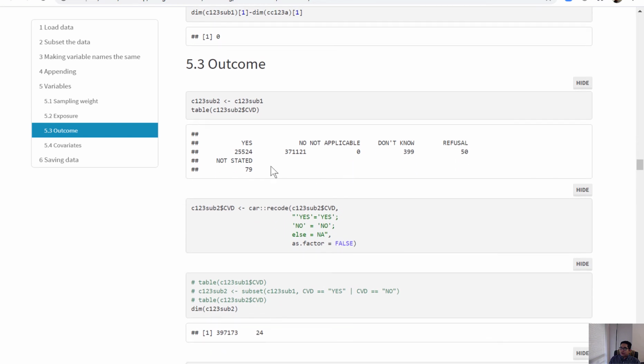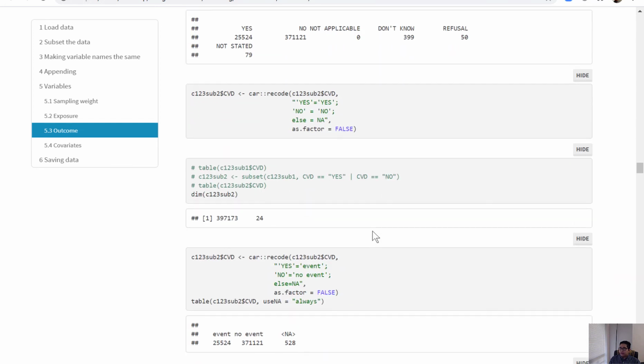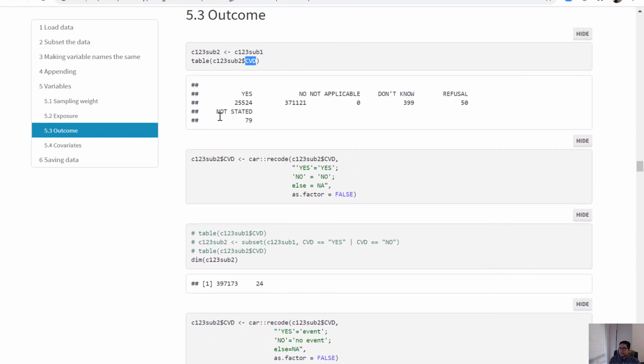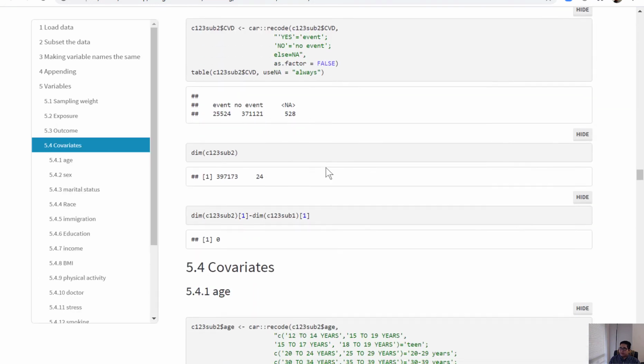Alright, in terms of outcome, this is much easier. I directly have a variable that gives me information on whether they have cardiovascular disease or not, yes or no. Everything else I need to assign a not available or missing value. Let me rename yes to event and no to no event, because cardiovascular disease is the outcome variable in our case.